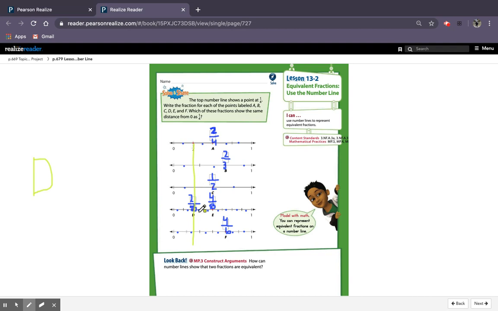So another way you could look at these number lines is going down, and I'll pick a different color for this, like a purpley color. If I were to go down, 2/4 lines up with 1/2, 4/8, and then I go all the way down.